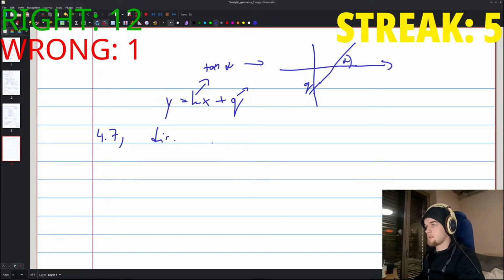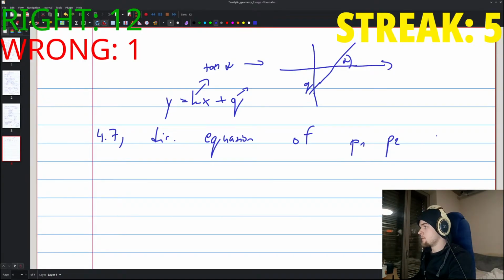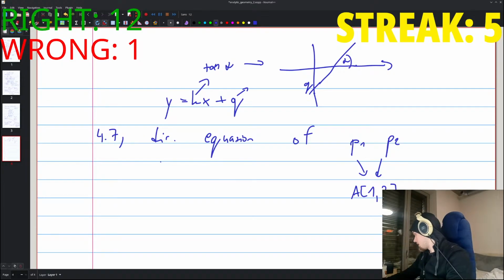Directional equation of two lines, P1 and P2. Both of them go through A, which is 1 and 2.